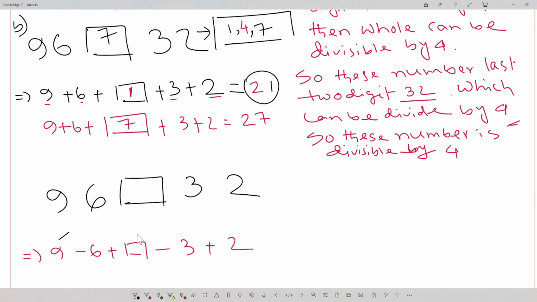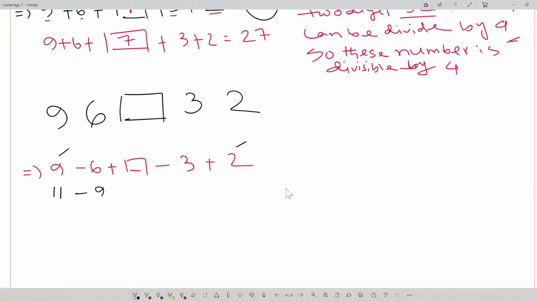So here 9 and 2 will be 11, right? Here is plus 11, and here is minus 6 and minus 3, it will be minus 9. But we have to make that number either 0 or it should be divisible by 11.